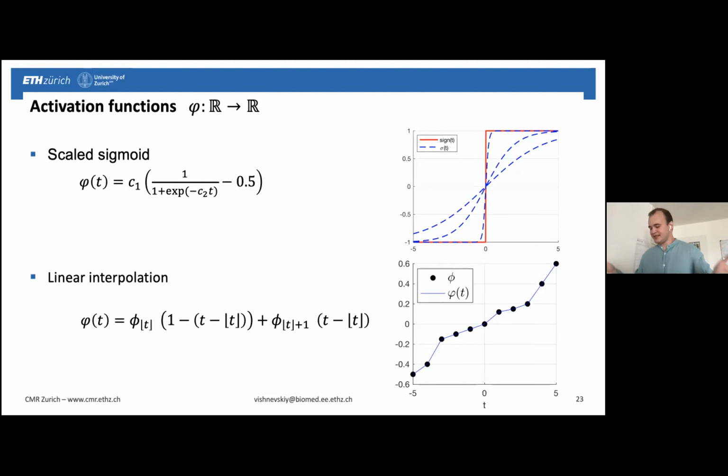So we can extend this and actually parameterize our activation function with a linear interpolation on a grid. We assume that this phi of t, that the argument t can range from -5 to 5, for example. And we place a grid of control nodes in this range. Then we just tune where each control node should go, up or down. That's how we parameterize the activation functions.